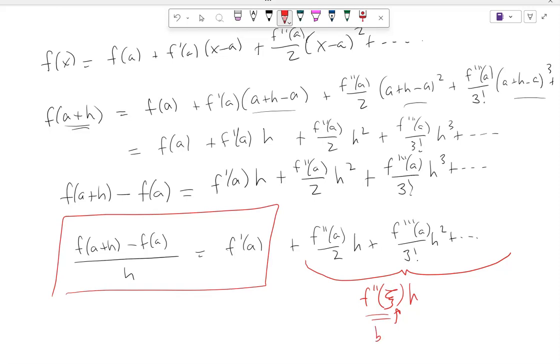So this is between a and a plus h. There's a spot somewhere in your interval that if I do the second derivative at that point and multiply it by h, it equals all of that mess. Somewhere in there. Okay?